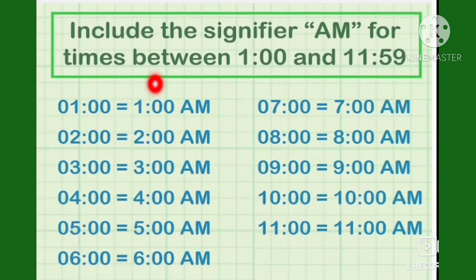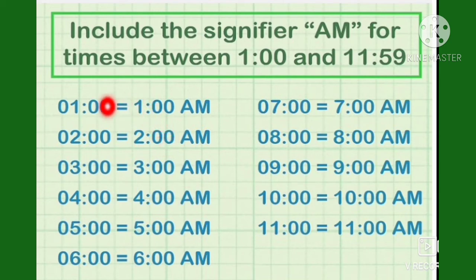The second note is: include the signifier AM for times between 1 and 11:59. So, students, here we are converting railway times, that is 24-hour times, to 12-hour times.